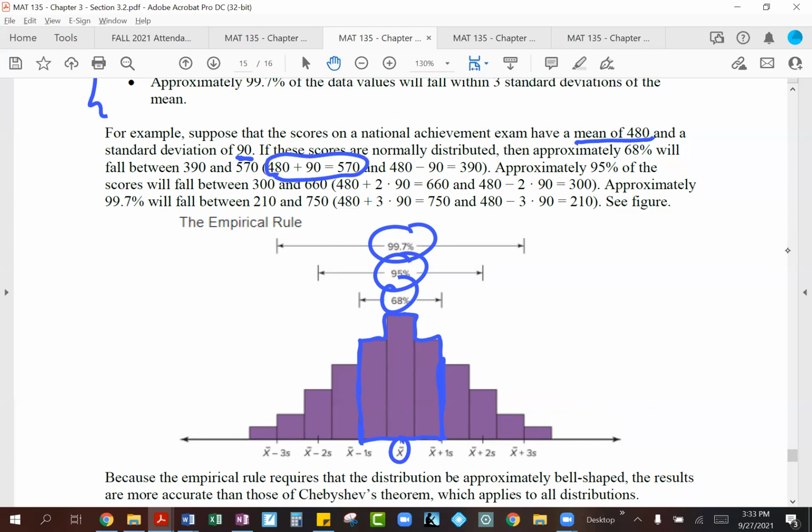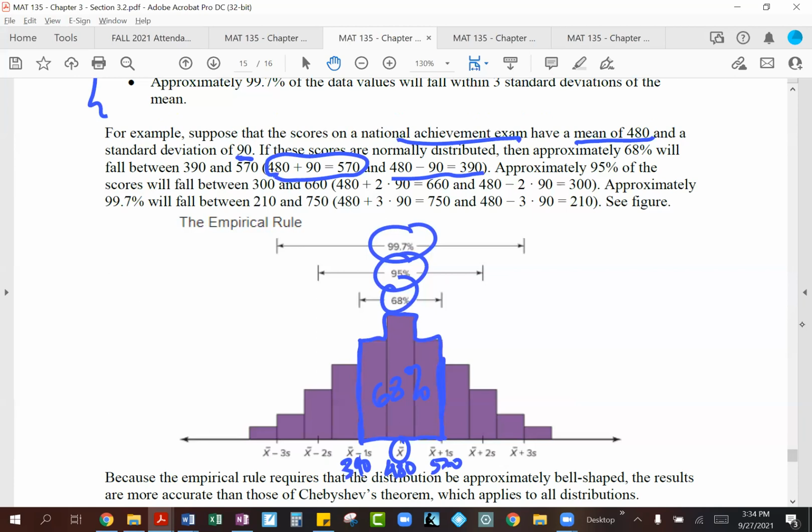So this would be the score of 570 over here. Mean is 480, and if we take our mean and subtract 90 from it, we get 390. So basically we are saying anybody on this national achievement exam who scores between 390 and 570, they are going to make 68% of the population who has taken this exam.